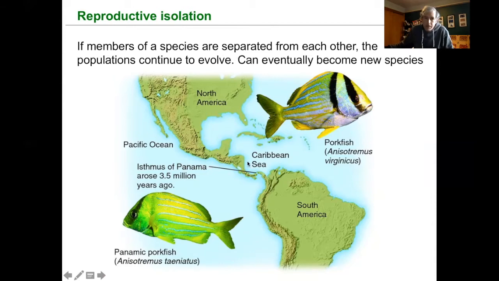Nowadays, because the Isthmus of Panama separated the species into two populations, they've evolved and now become two different species that look very similar, but we have the porkfish that we see in the Caribbean, and we have the Panamic porkfish that we see in the Pacific, and they're separated by Central America. So what this means is, although they look very, very similar to each other, they can no longer breed. They became reproductively isolated when Central America split the population in two.